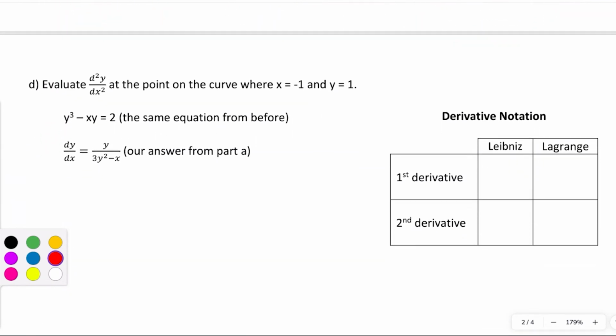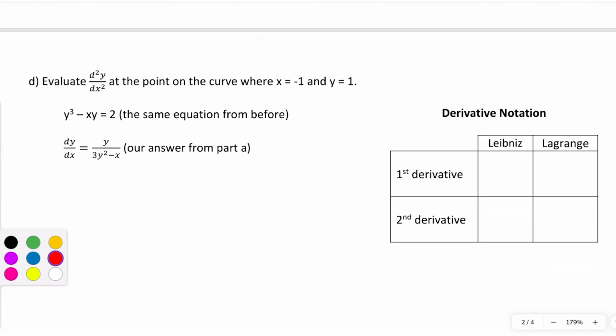Part D. I think this is our first problem that's extended past a page. Now I don't think I've ever used this notation yet to indicate the second derivative, but that's what that means. That is the Leibniz notation for the second derivative.